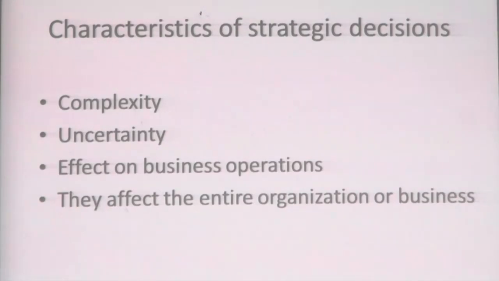Let us say today they need 20 people to operate some process. But if you automated that using system and machines, what will happen? You need about 5 people. So what do you do for those 15 people? So there is a complexity. So you have to take the decision. It is complex. What are you going to do for these people?